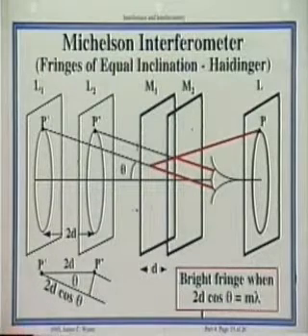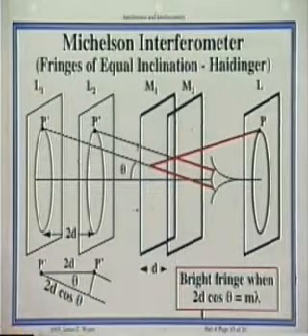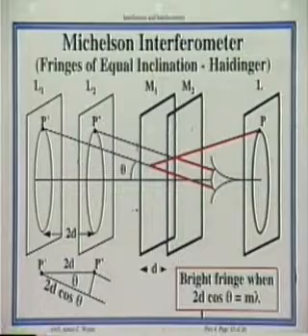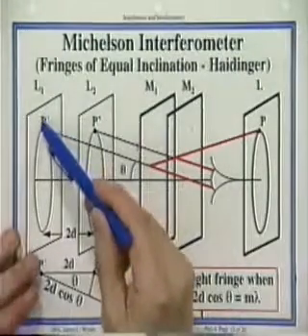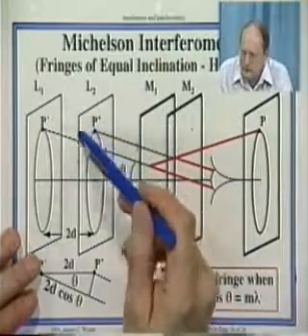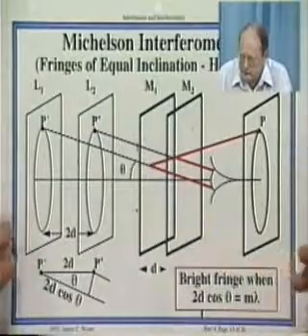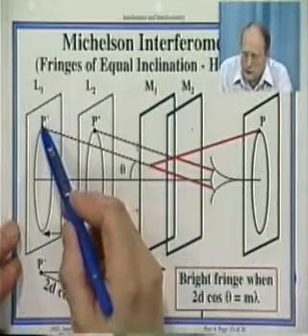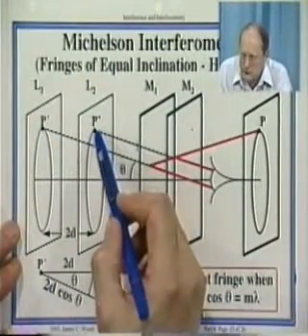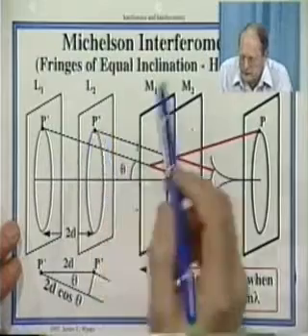Okay? Now this is going to be an incoherent source, and so spatially incoherent. So light from each point will only interfere with light from the corresponding point in the other image of the source. So here I show one point, here I show the corresponding point in the other image.